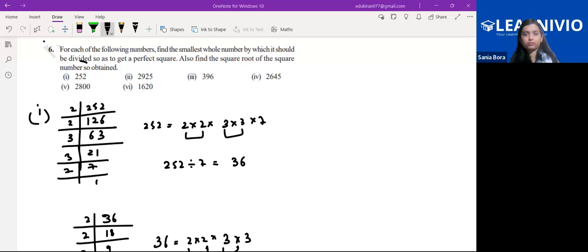Which number can 529 be divided with? 529. Try 7. Okay. 5297?